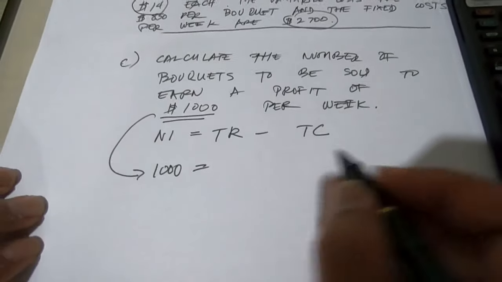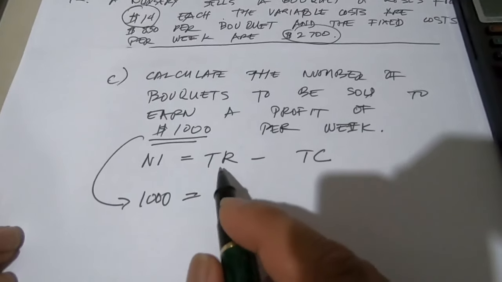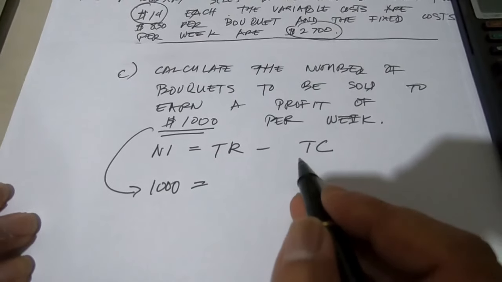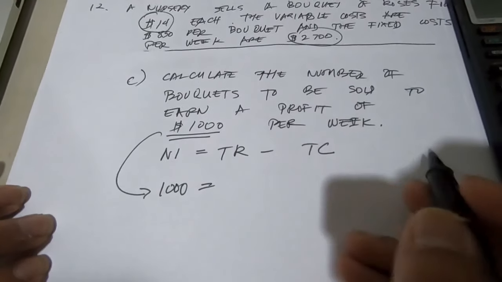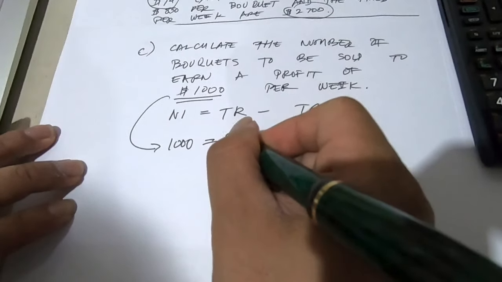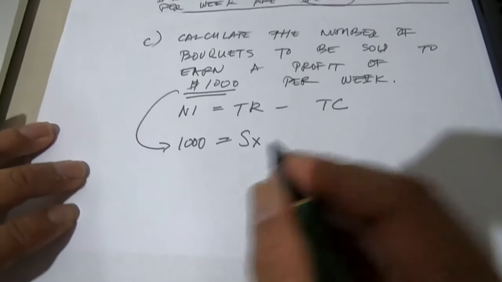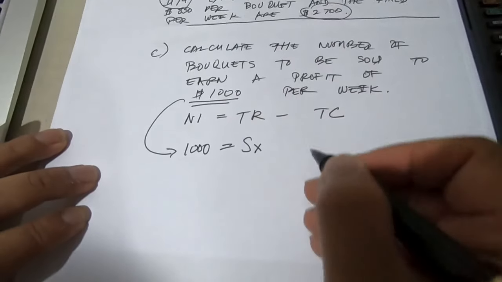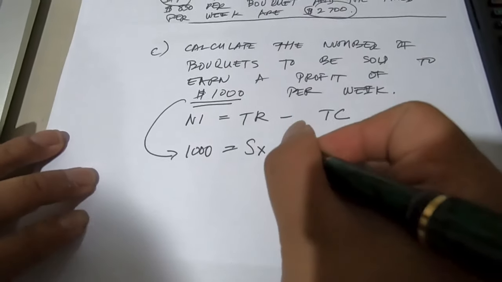Okay. Now, again, we get back to the specifics. If you remember from part B of the problem, what total revenue minus total cost is. So we go selling price multiplied by X, which is now the unknown. Actually, that's the number of bouquets that we need to figure out. So this is an unknown in this particular part of the problem.